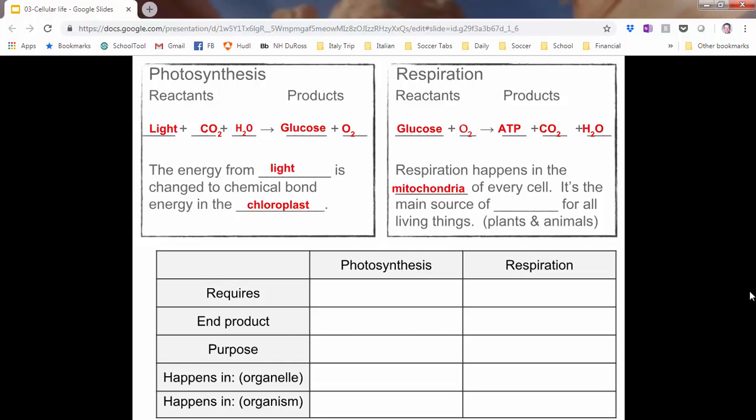This is not quite true of every cell. Not every cell has mitochondria. But for our purposes, we'll say in every cell. And it's the main source of energy for all living things. Again, that's also not quite true. Some organisms don't go through cellular respiration.